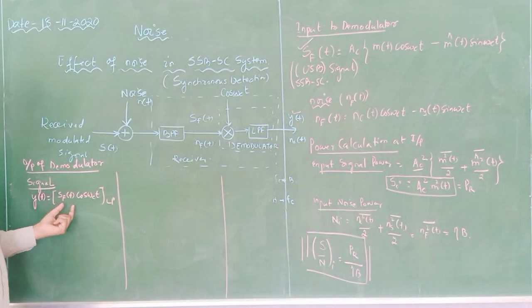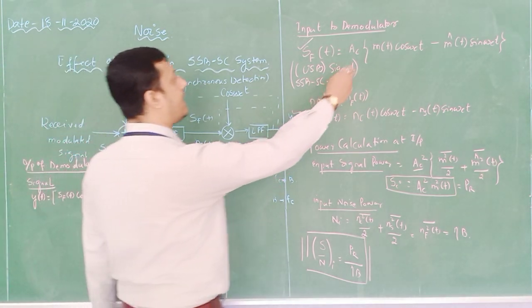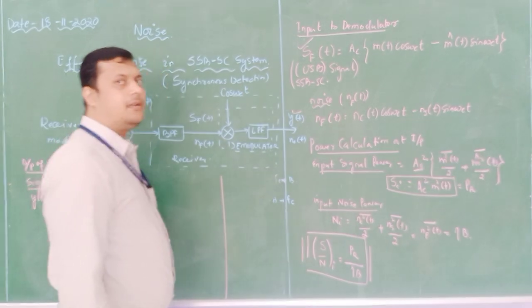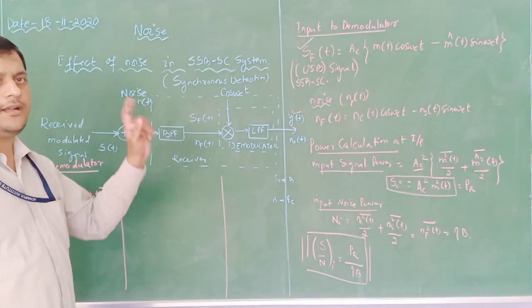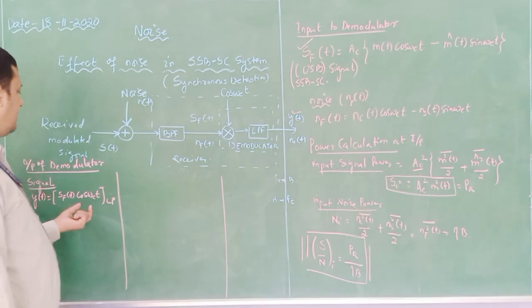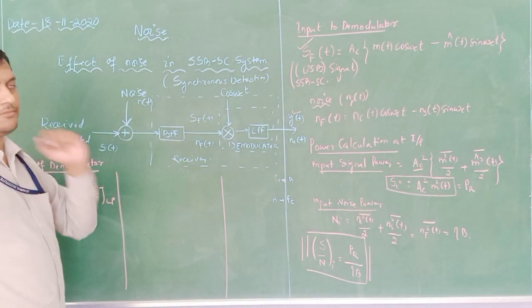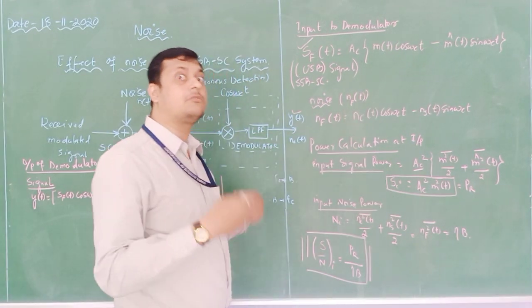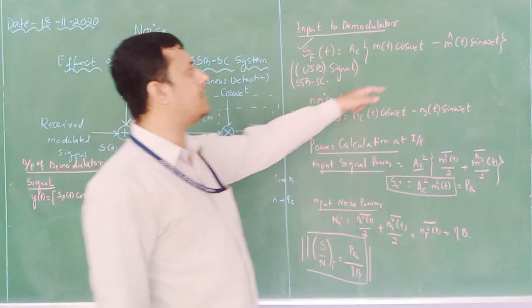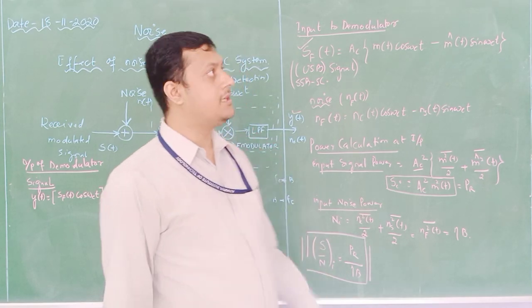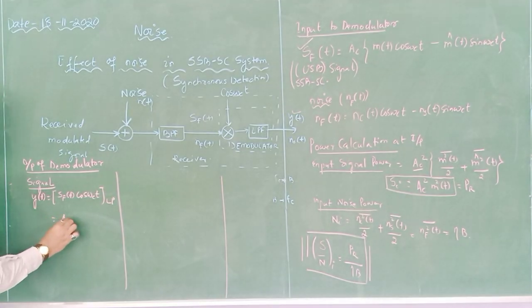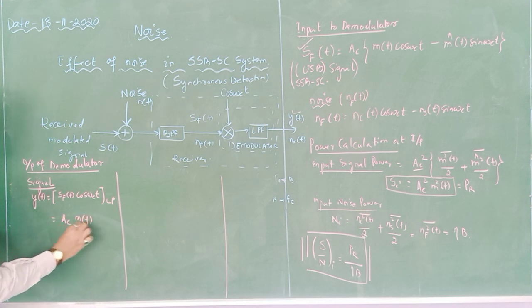Now what is SF of t? SF of t is AC m of t cos omega ct and the 90-degree phase shift component of m of t and carrier component. When I multiply this cos term to that value, this component will become m of t cos square omega ct and it will become a second harmonic component. So output of this I will directly write as AC m of t divided by 2.